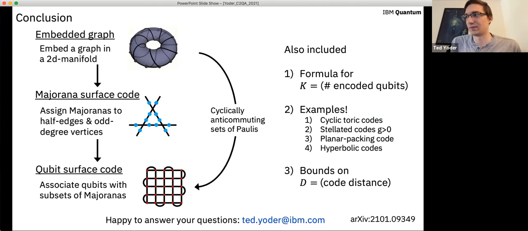It doesn't seem to me like it's going to unify in such a nice way. This is kind of related to the proofs of topological order that Bombin and Zhang Ha have formalized.